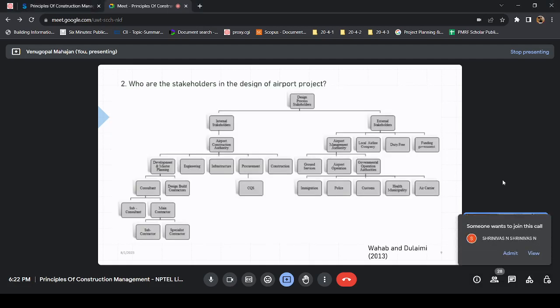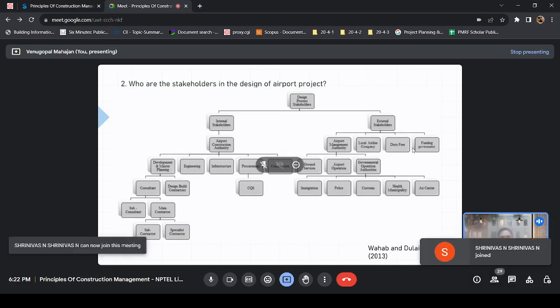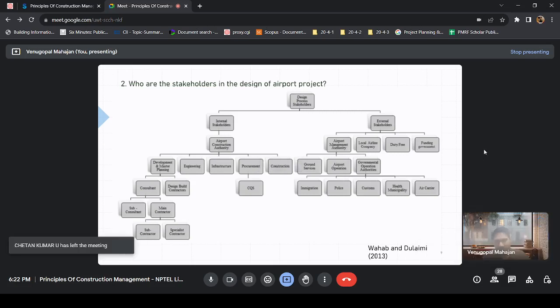So let's see, if we talk about the design of the project, can you see the stakeholders list now? Yes. I would like you to go through the flow chart and see if any item is missing.